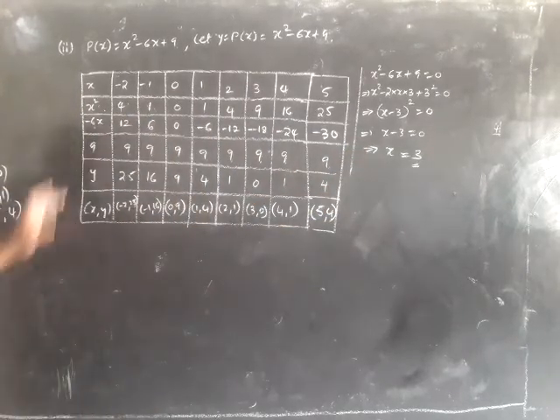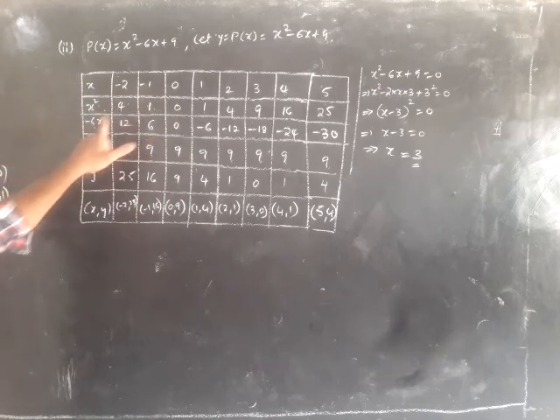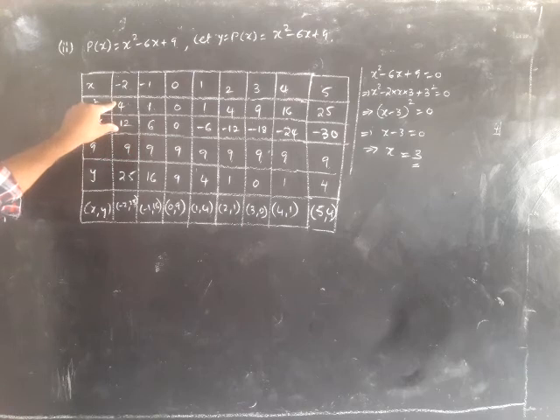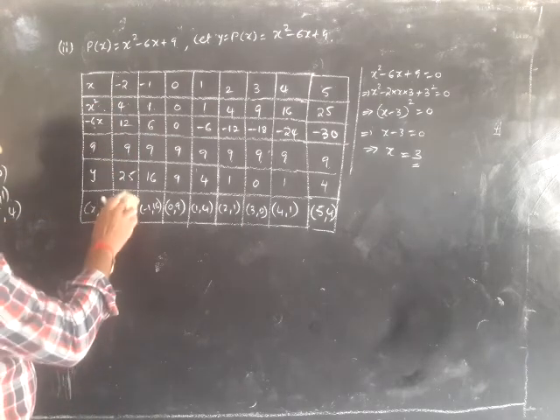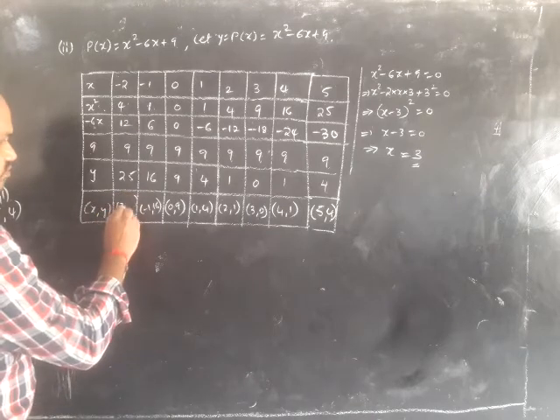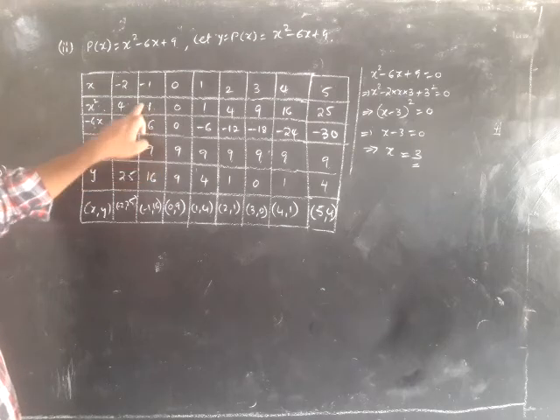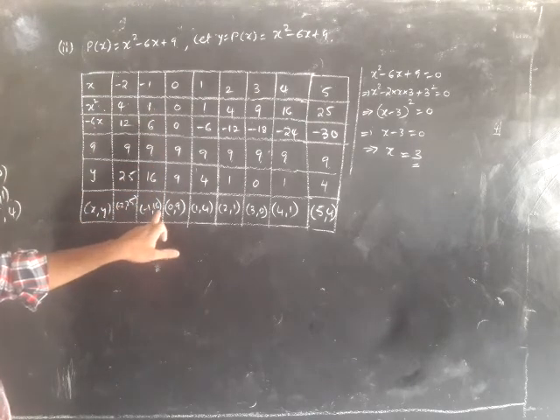Or else if you want, you can take some extra points also. Right. So once again we see the table here. Minus 2 square is 4. Minus into minus plus 6, 2s are 12. So 4 plus 12 is 16 plus 9 is 25. Point is minus 2 comma 25. Minus 1 square is 1 plus 6 is 7, 7 plus 9 is 16. The point is minus 1 comma 16.